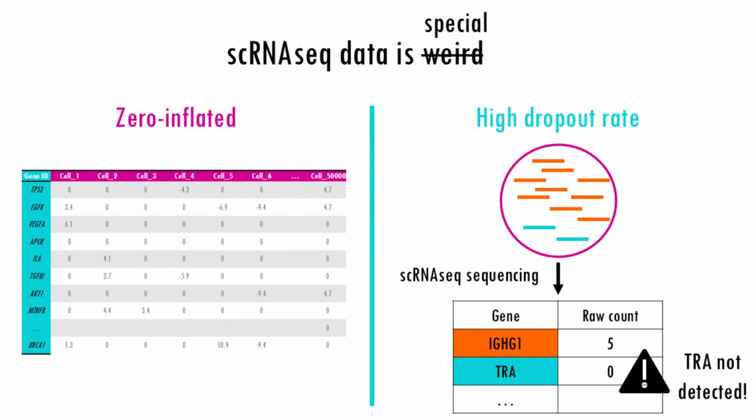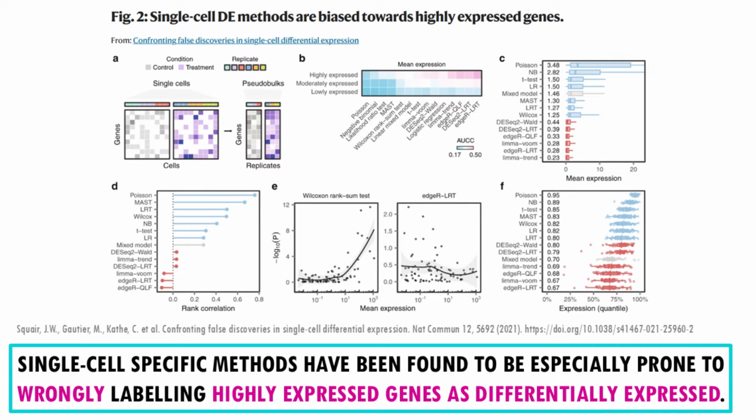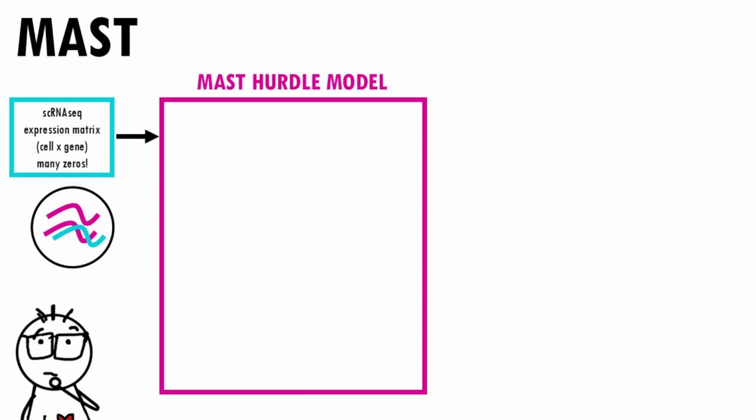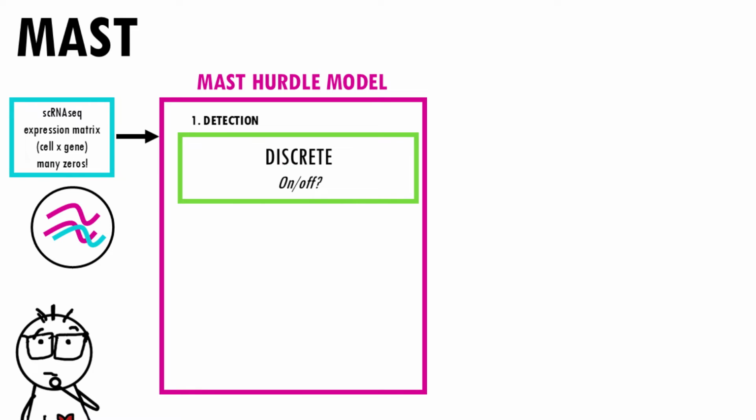So why is MAST special? Well, single-cell RNA-seq data is very sparse, meaning many genes have zero expression in many cells. This makes traditional statistical methods less reliable, and MAST addresses this by using a 2-part hurdle model. Part 1 focuses on detection and is discrete, and models basically whether a gene is expressed in a cell, yes or no. This accounts for the dropout effect, when a gene is actually expressed but not detected.